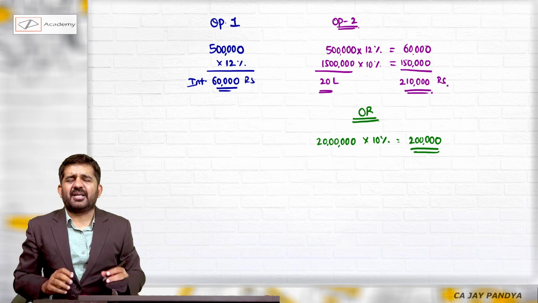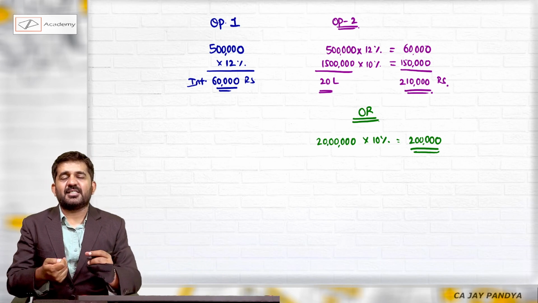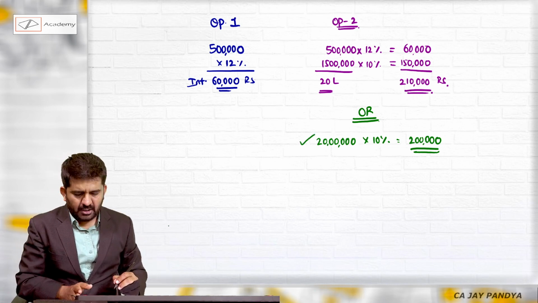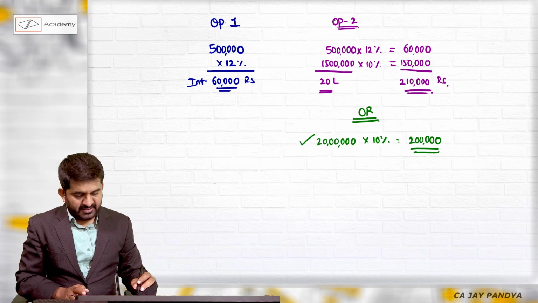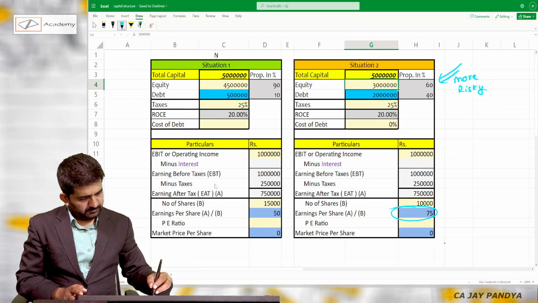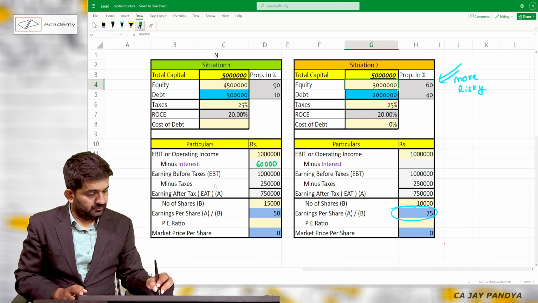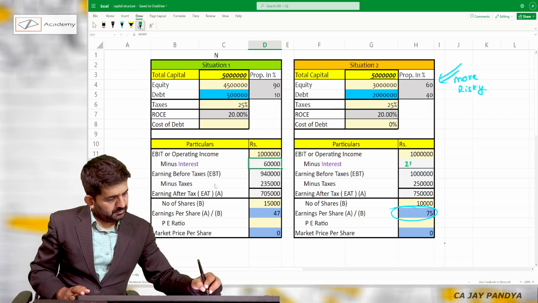Sir, which view is correct? Both views are correct. Whatever you write down in your examination, even the suggested answers have given that you may interpret this in this manner also. So interest in option number 1 will be 60,000, and in option number 2, 2,10,000.